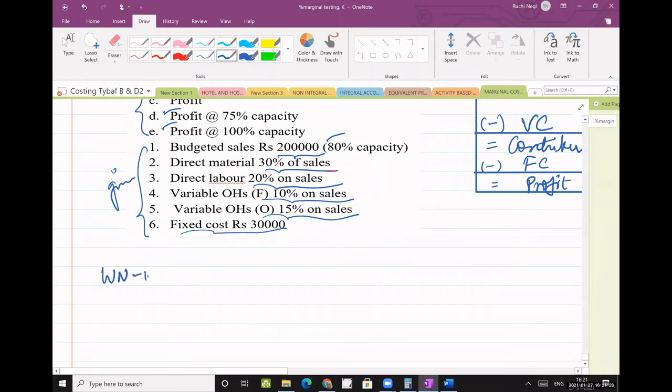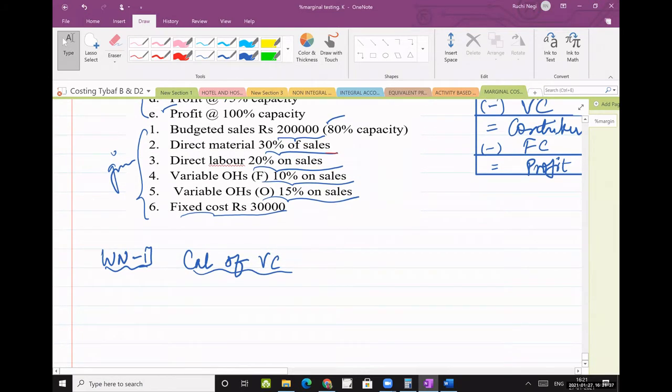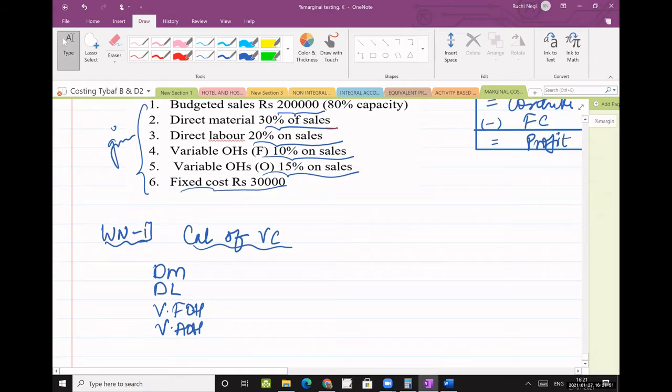Working note number 1. Calculation of variable cost. Under that I have direct material, direct labor, variable factory overheads, variable admin overheads, that's it. So how much is material? It is said 30% of sales. Fine. How much is labor? 20% on sales. Fine.